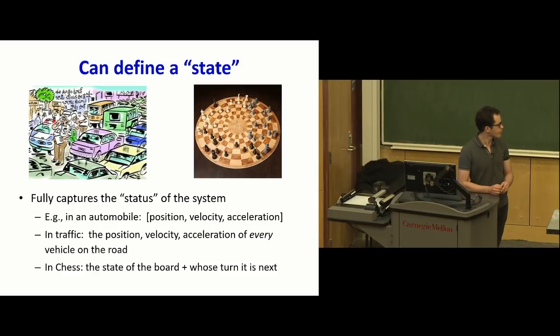Like if you're in an automobile, all the characteristics like position, speed, and acceleration are going to be useful. In chess, it's going to be the state of the board and whose turn it is. Like the hour that it is in the afternoon is not relevant, but this is relevant. That's how you should think about it.